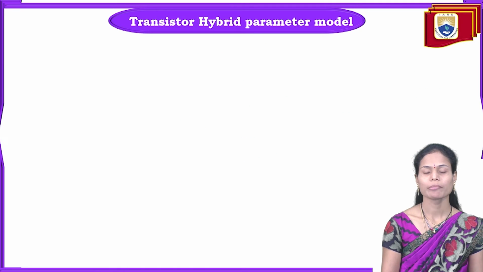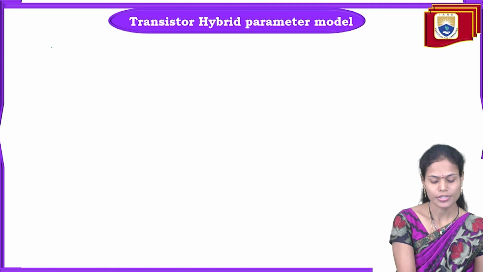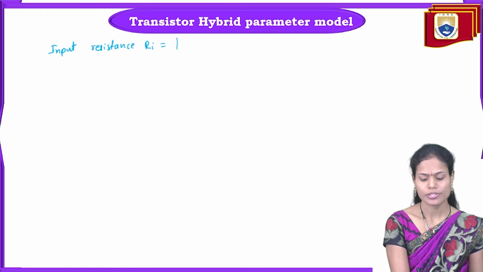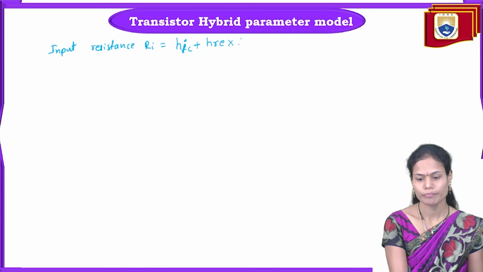In the second parameter, we are going to calculate the input resistance Ri. The formula for this is HIE plus HRE into AI into RL dash.